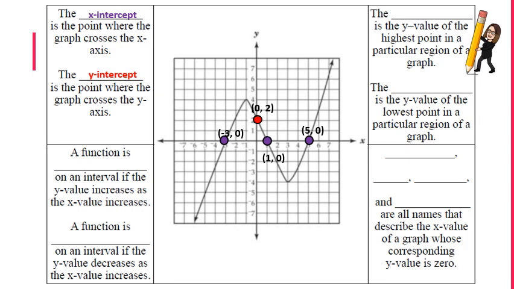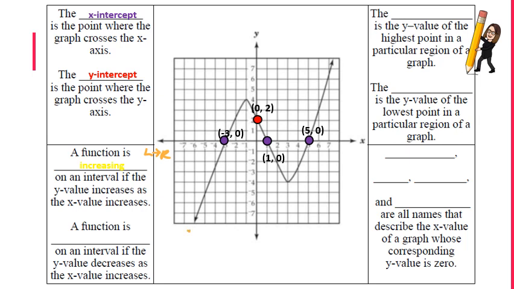All right, so let's take a look at increasing and decreasing. A function is increasing over an interval if the y value increases as the x value increases. If everything's increasing, it's increasing, okay? So consider this, a couple little tips when you're dealing with increasing and decreasing. It's probably going to be the toughest part of this process. If we're talking about increasing, we always read the graph left to right, okay?